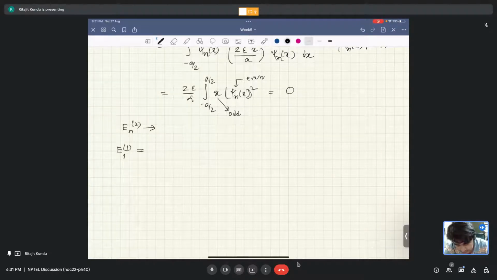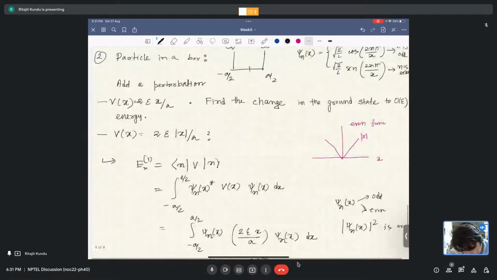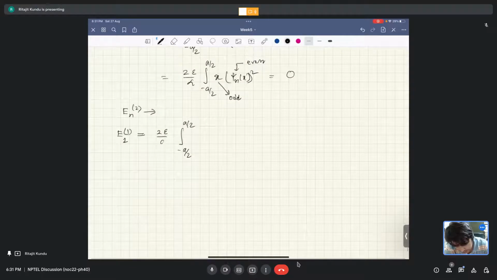Here let's just calculate the first correction to the ground state. Basically you can calculate this for any state, but just to demonstrate how this is done, let us do it for the ground state. So again in this case it becomes 2 epsilon a, integral from minus a by 2 to a by 2 dx psi 1 x, then mod x, then psi 1 x.